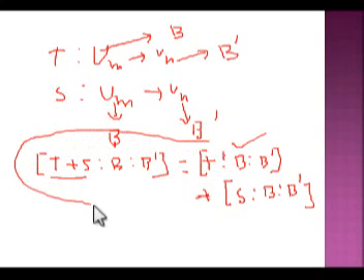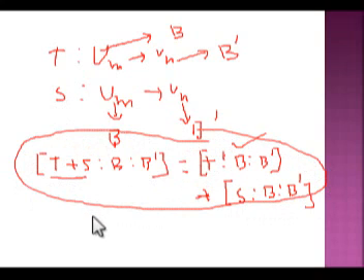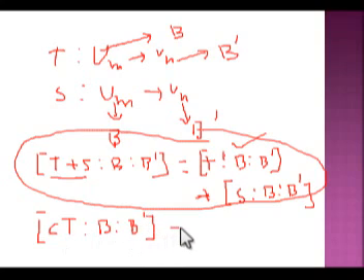Very important property. Also, it satisfies that multiplying by a constant: C times T with the relative matrix with respect to the ordered bases B and B' gives C times the matrix of the linear transformation T with respect to B and B'.